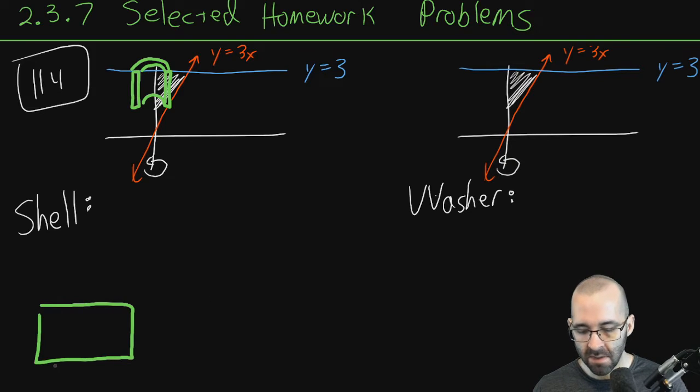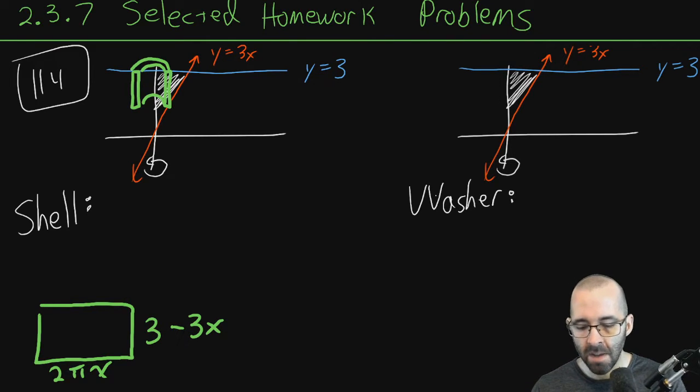right, this distance, this circumference is 2 pi times the radius, and the radius is just the x-coordinate. What's the height of this guy? Well, it's blue minus green. Blue minus green is 3 minus 3x.